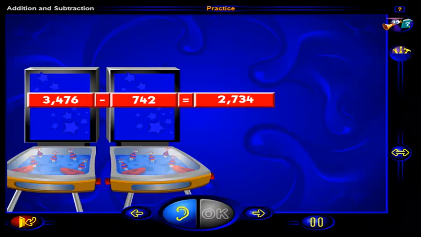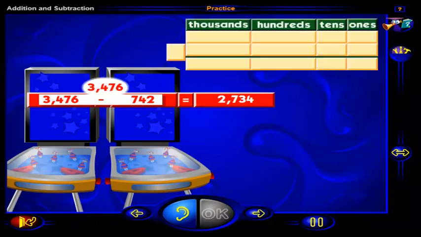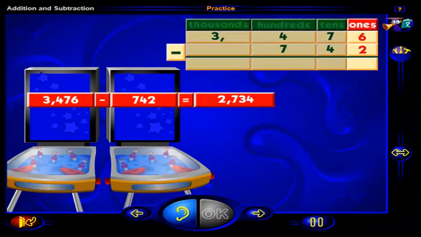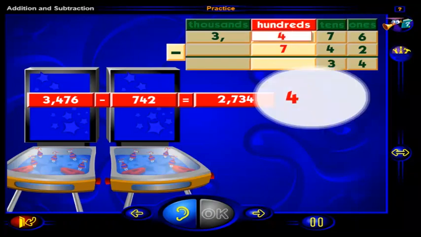2,734. To subtract these numbers, we can start by lining up the digits in each place. In the ones place, 6 minus 2 is 4. And in the tens place, 7 minus 4 is 3. In the hundreds place, 4 is less than 7.